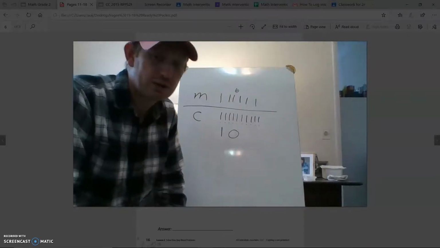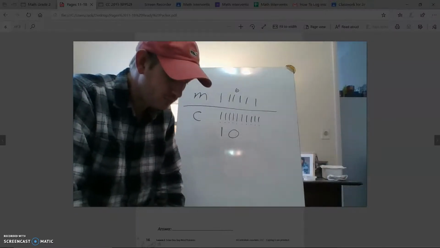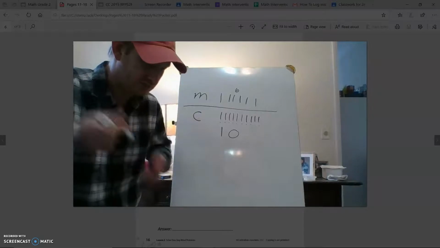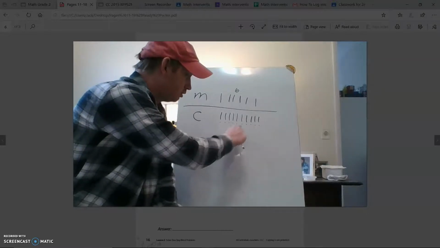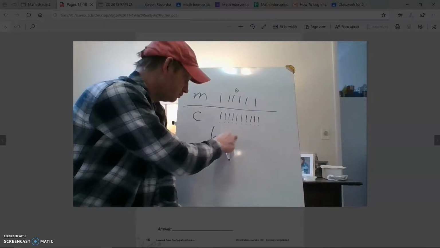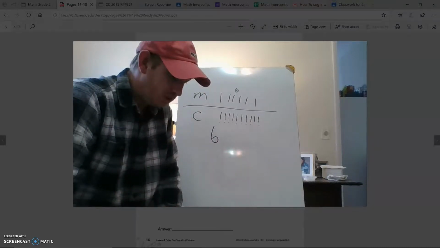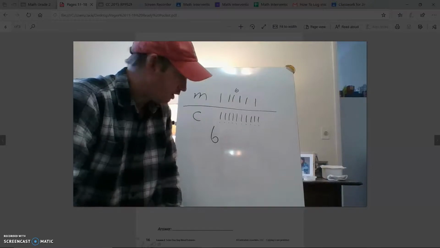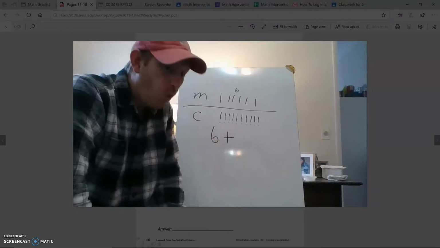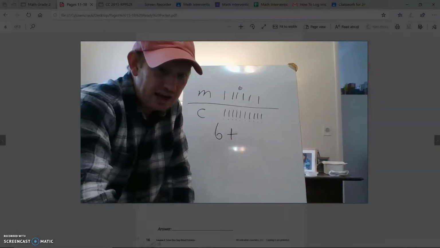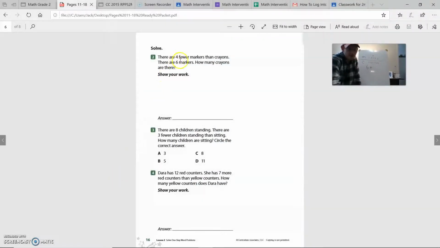But the other way we could show our work is with a number sentence. So if we knew that we had 6 markers, and we knew we had 4 more crayons, because remember, if we have 4 fewer markers, that's the same thing as saying 4 more crayons.